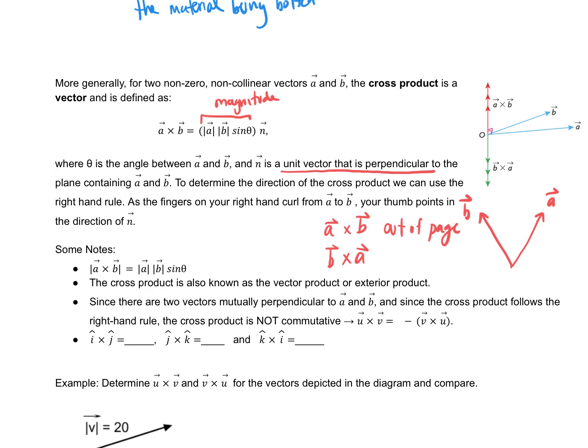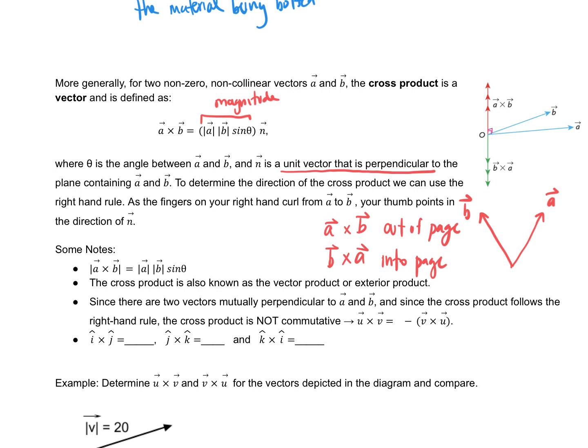If, however, I take my hand and I flip it around, now my thumb is pointing downwards, and again, my palm is still open, and I line it up with vector B. If I curl my fingers inwards, I do curl towards vector A, and my thumb is going into the page. So if I take the cross product of B cross A, that normal vector that is perpendicular to A and B is going into the page.